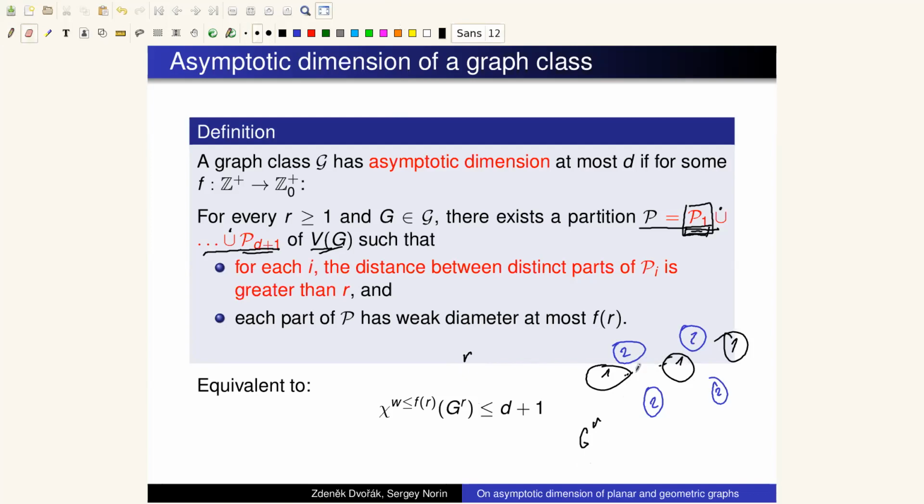So each monochromatic component of this coloring must be contained strictly within a part, and therefore each monochromatic component must have size at most f of r.